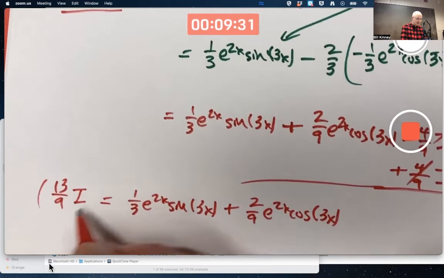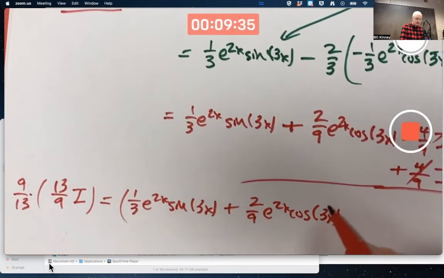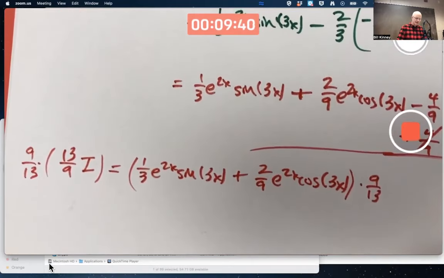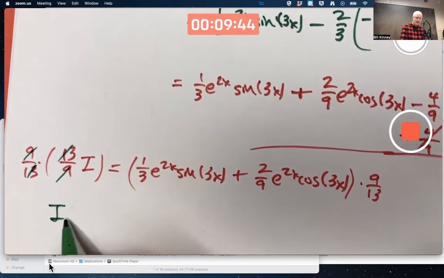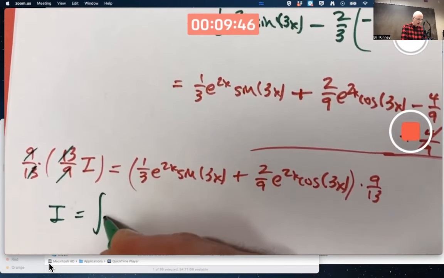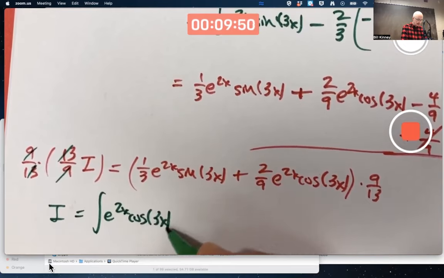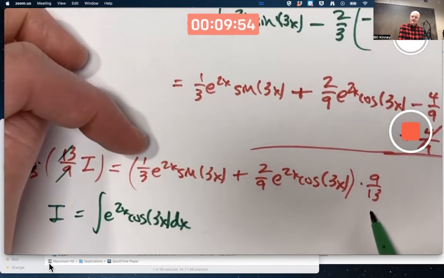Now multiply both sides by 9/13. And don't forget to add on the plus c at the end. We get cancellation here. I, the integral we want to know, is going to be 1/3 times 9/13.